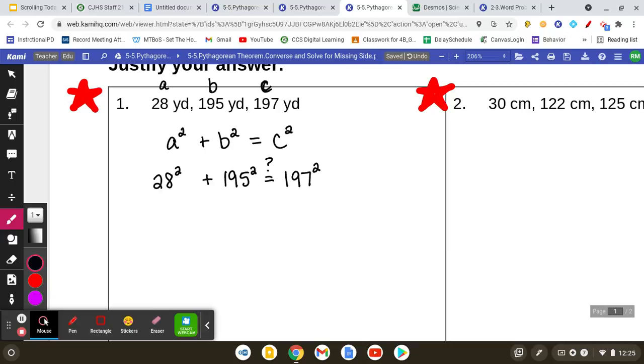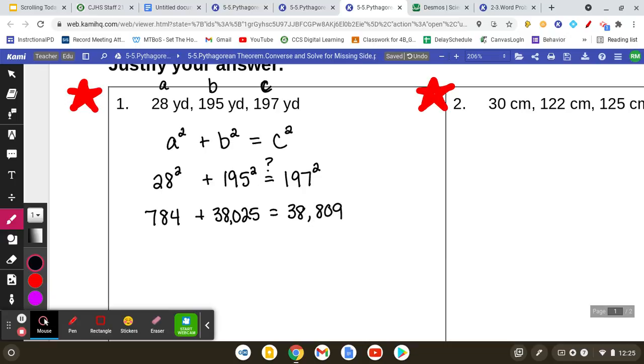So 28 times 28 is going to give us 784, plus 195 times 195 is going to be 38,025. And we need to see if that equals 197 times 197 is 38,809.